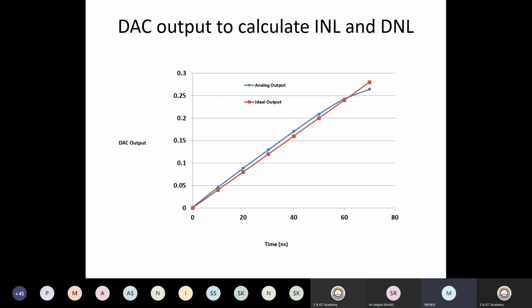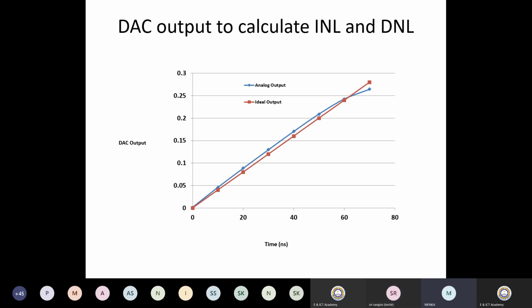So this was not ideal. So because of this, there will be some problems in the, the output will not be exactly the same as ideal output is. So you can see the blue line, sometimes it is going up and other times it is going down. Okay, so the maximum deviation from this line, this is DNL. Okay, maximum deviation from this line is your DNL.